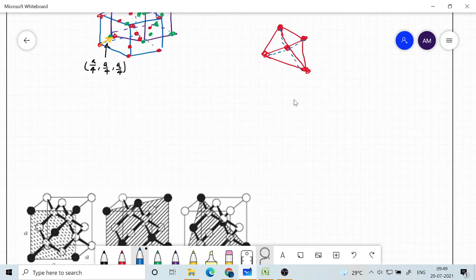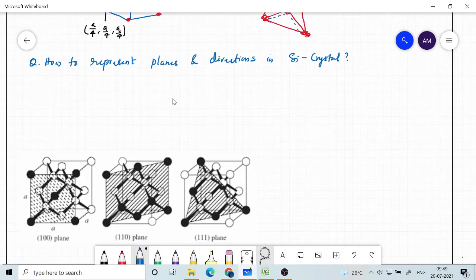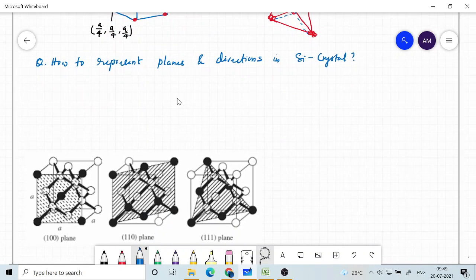So now let's talk about how to represent planes and directions in silicon crystal. Okay, or in any crystal, there is a way of representing the planes and directions.